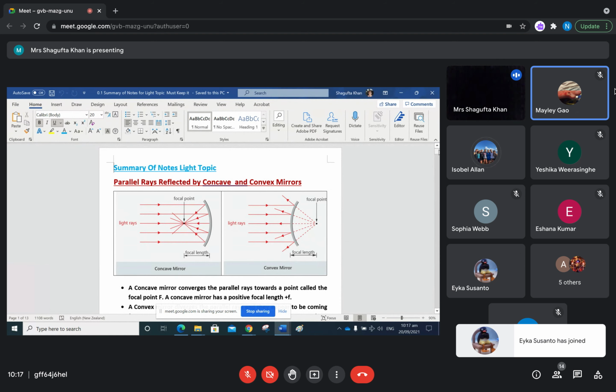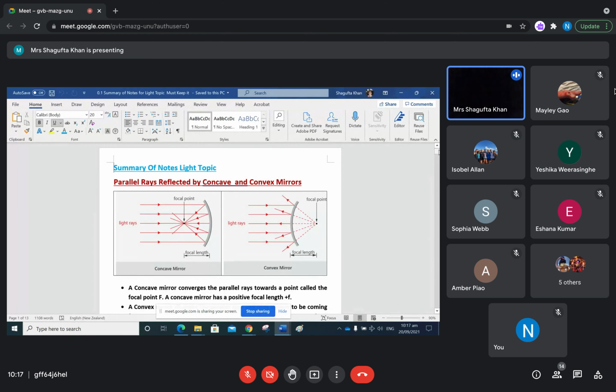Okay. So the first concept is reflection in concave mirrors and convex mirrors. This is a concave mirror and that's the convex mirror. Generally, parallel rays bend inwards, and this point is called the focal point.